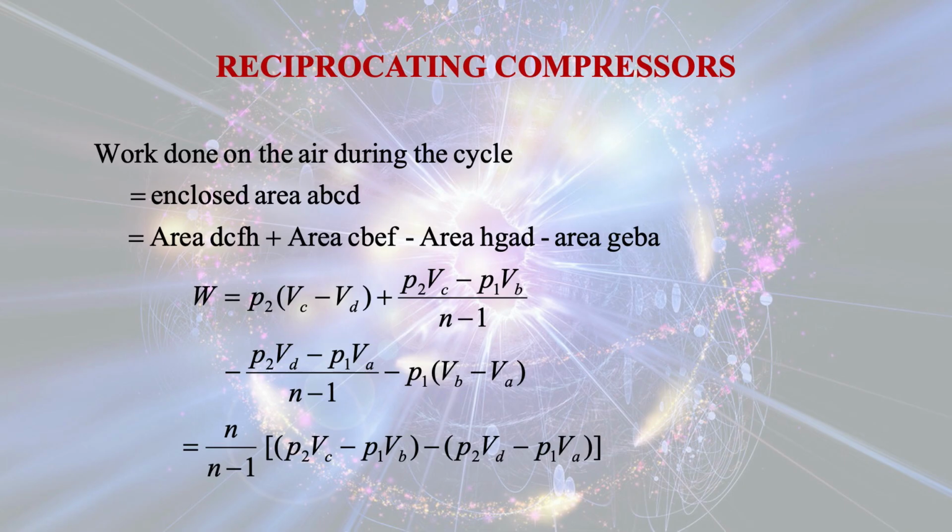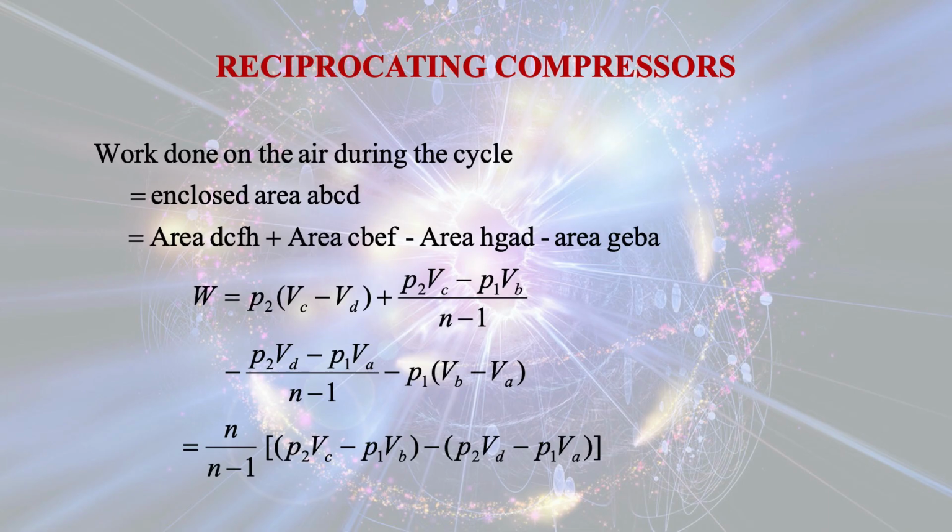Now the net work done we can calculate, because we know how to calculate the work done for the constant pressure process. We know how to calculate the work done for the polytropic process. Now here W is equal to P2 multiplied by (Vc minus Vd) plus (P2 Vc minus P1 Vb) whole divided by n minus 1, because it is a polytropic process, minus (P2 Vd minus P1 Va) divided by n minus 1, it is also a polytropic process, minus P1 multiplied by (Vb minus Va).